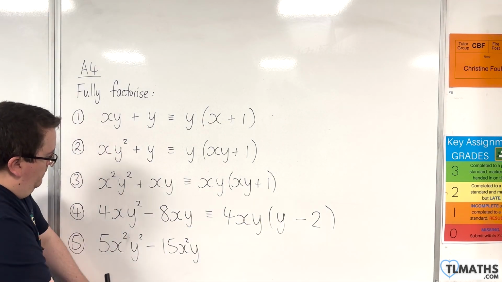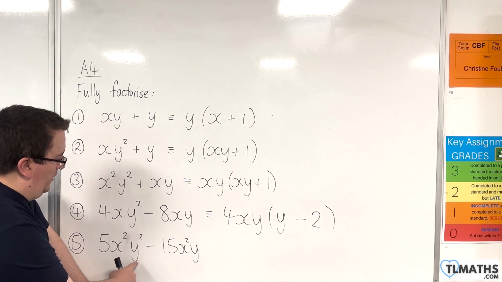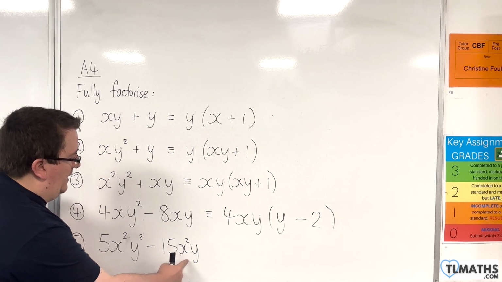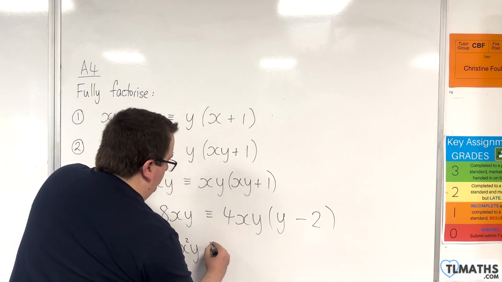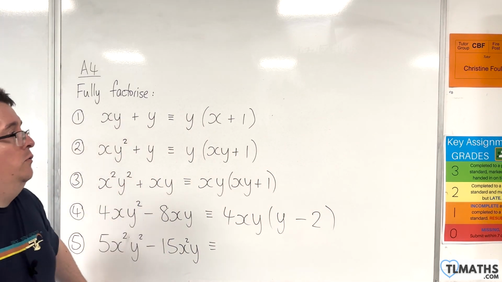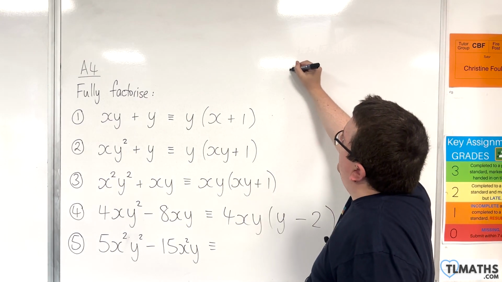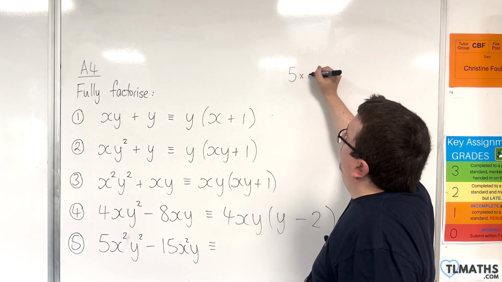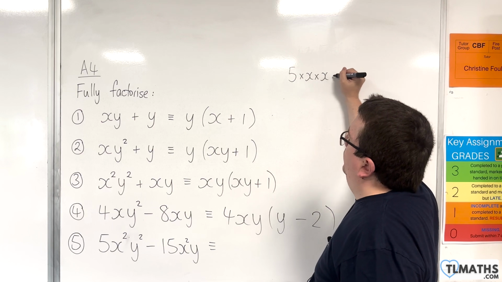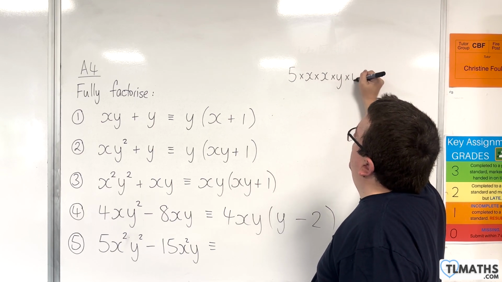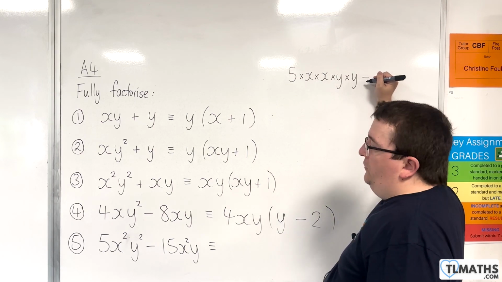Now the last one, we have 5x squared y squared take away 15x squared y. Now I will write this out, okay, just so you can see it longhand. So we have 5 times x times x times y times y take away 15.